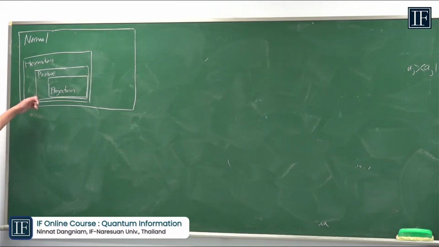So here I did not actually give the definition of the positive operator, but if you assume, which is true in this case, that they have to be Hermitian, then they're just Hermitian operators whose eigenvalues are all positive.